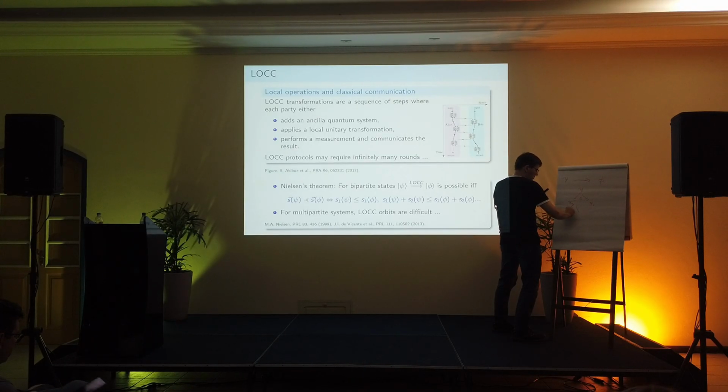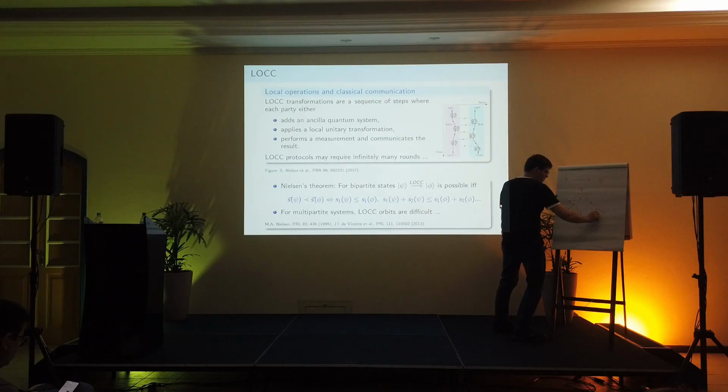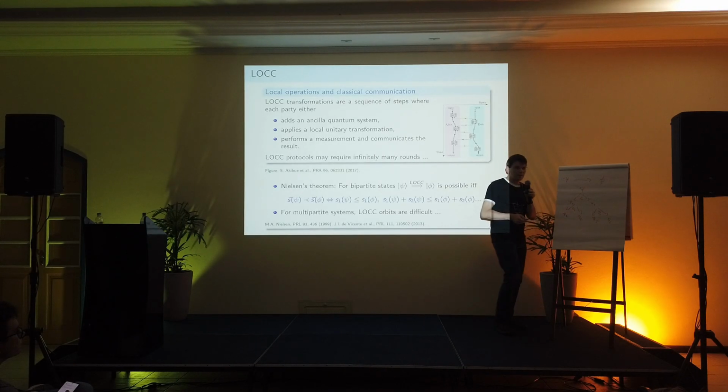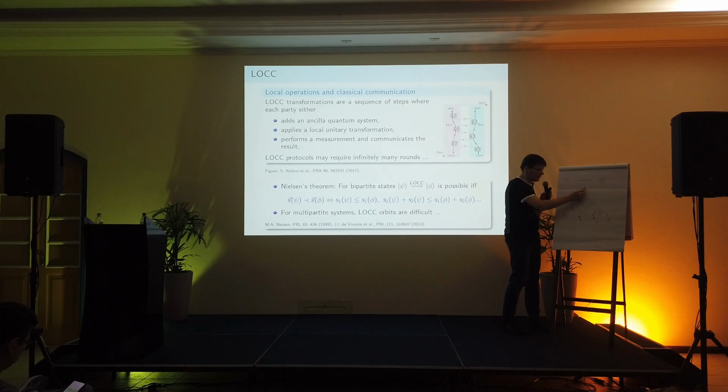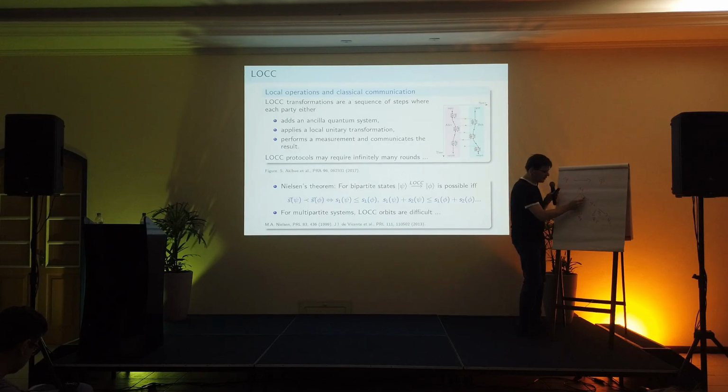Then Bob makes something, and I arrive at something like psi 3, psi 4, or depending on the result, psi 5, psi 6. I can see this entire scheme, if I don't care about the probabilities and just ask whether there's some probability to arrive at the final state, as: I start with my state, and in each measurement I branch depending on the result. I do it several rounds, but at some point I want to arrive at my state phi.